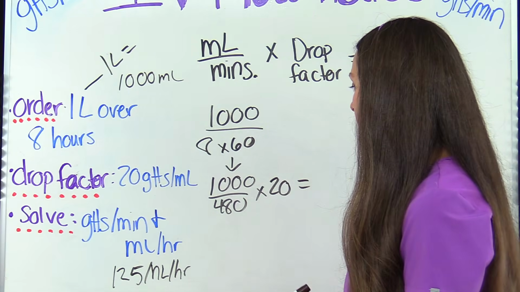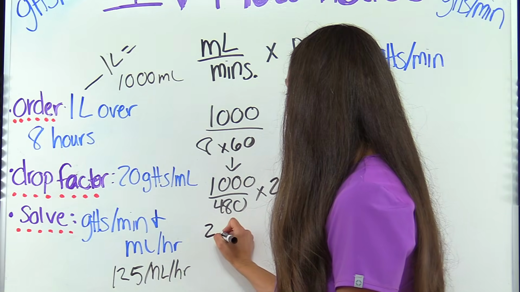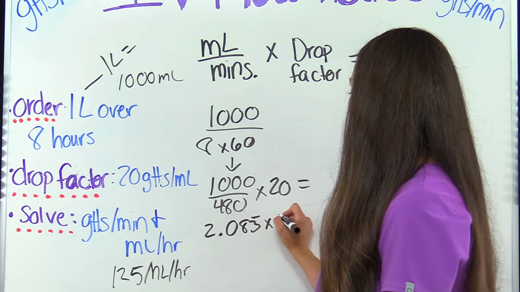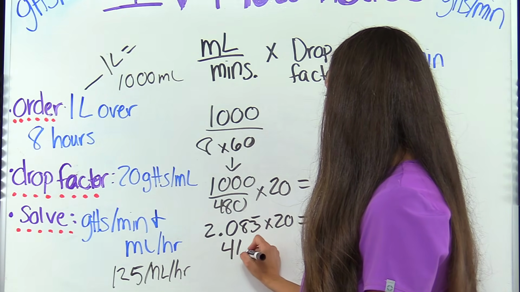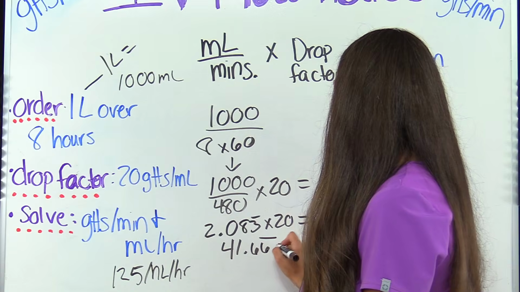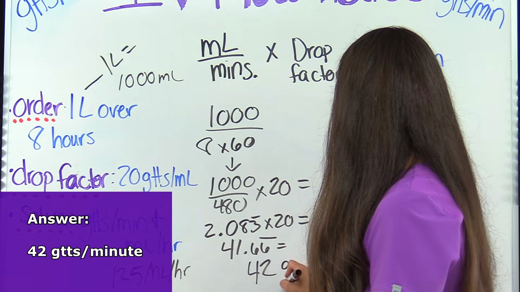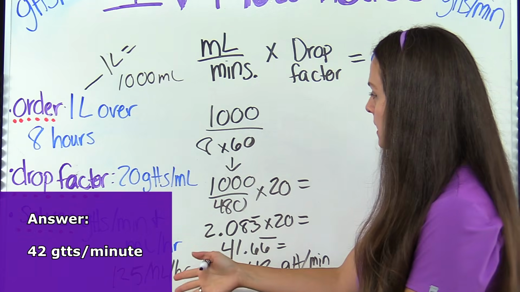So whenever we divide 1,000 by 480, that gives us 2.083 repeating. Multiply that by 20. That is going to give us 41.66 repeating. And then when we round to the nearest whole number, that gives us 42 drops per minute.